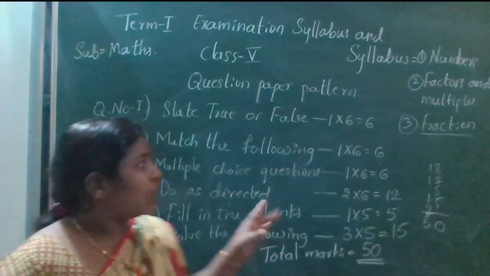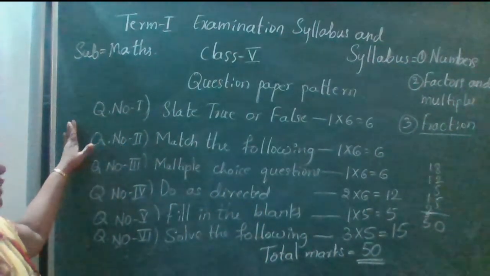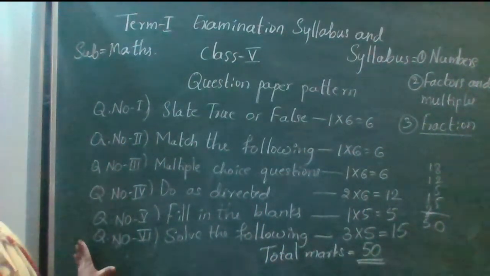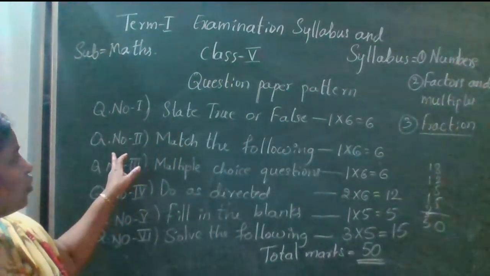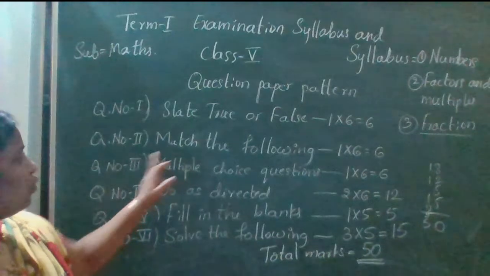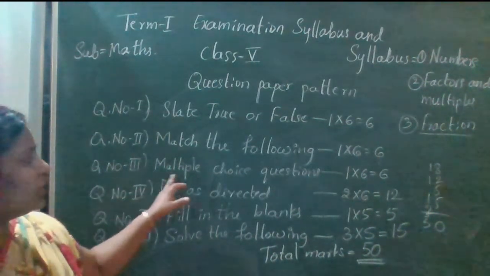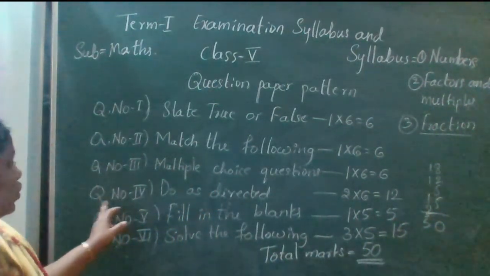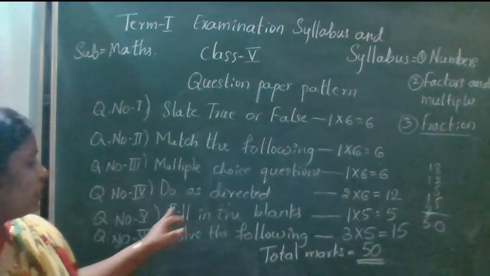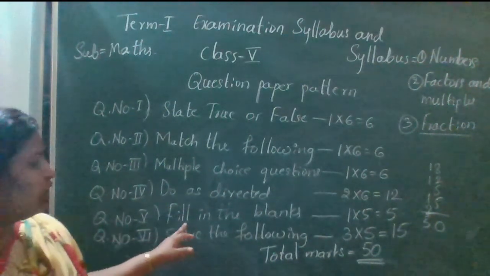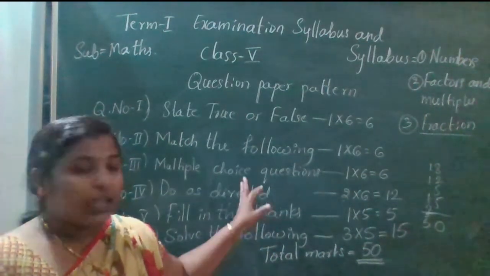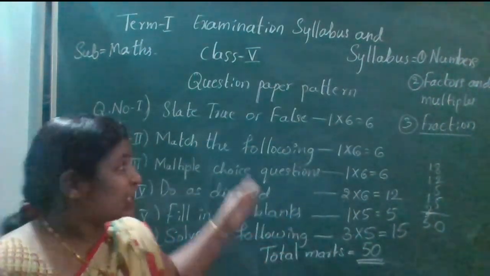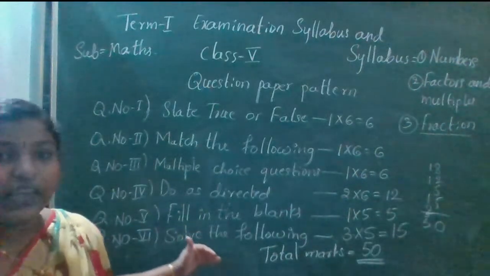And the question paper pattern has 6 main questions. First one, state true or false. Question number 2, match the following. Question number 3, multiple choice questions. Question number 4, do as directed. Question number 5, fill in the blanks. Question number 6, solve the following.